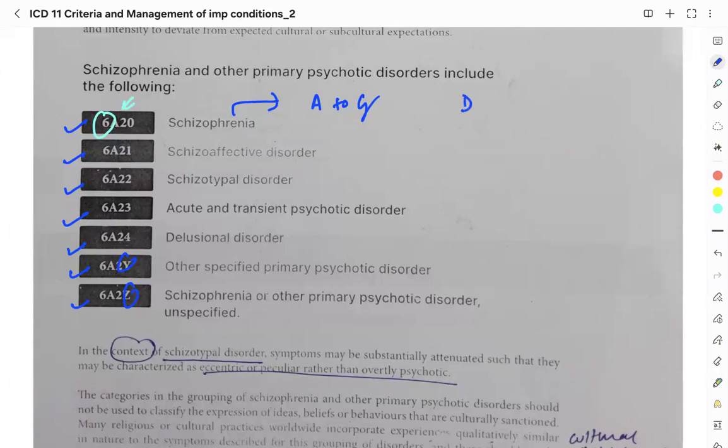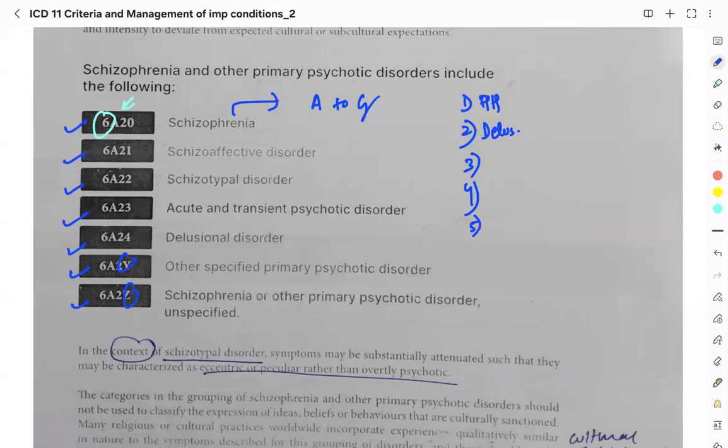You've got other symptoms, like passivity phenomena, and then there are negative symptoms as well. Negative symptoms would be amotivation, avolition, alogia, asociality. Yes, that's correct.